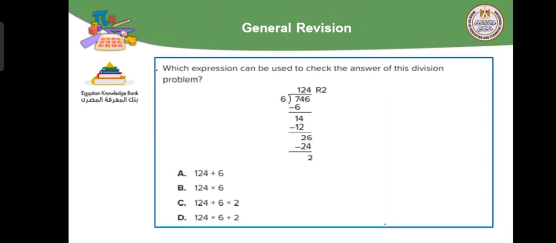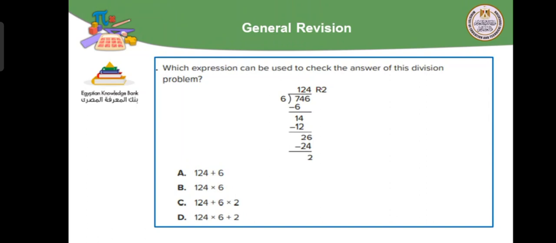Which expression can be used to check the answer of this division? Look at this, the easiest and the correct choice here. This is called the dividend, and this is the divisor, and this the quotient, and this the remainder.